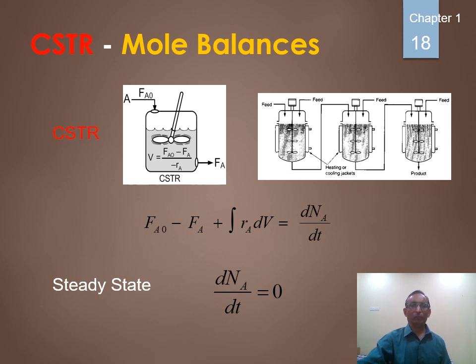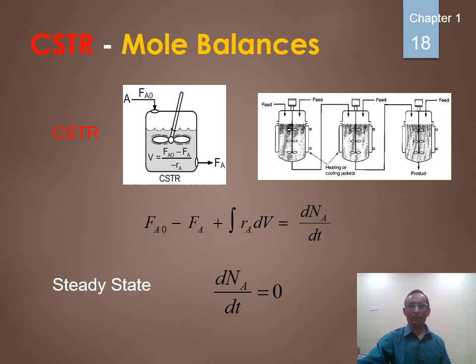In the batch reactor we assumed uniform mixing and no inflow and outflow. But in the CSTR there is an inflow and an outflow, so we have to consider the initial two terms, FA0 and FA. That's why FA0 minus FA.